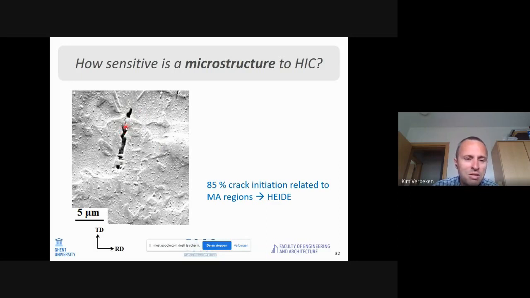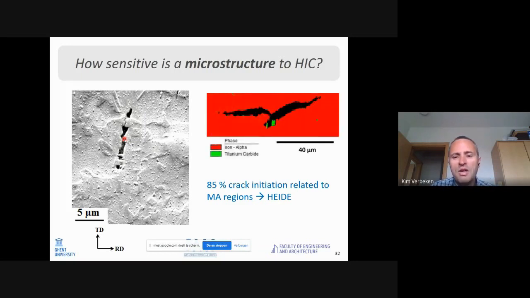Here you have a hydrogen-enhanced decohesion at the interfaces of your martensite lath boundaries. This is why we call this hydrogen-enhanced interface decohesion, which is happening in the martensite-austenite regions. And then you have the HELP mechanism, so hydrogen-enhanced localized plasticity, which is happening in the ferrite. So how sensitive is a microstructure? Well, it depends on your microstructural features.